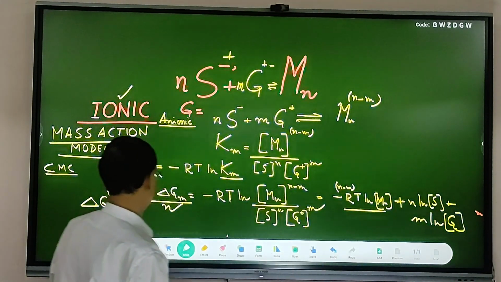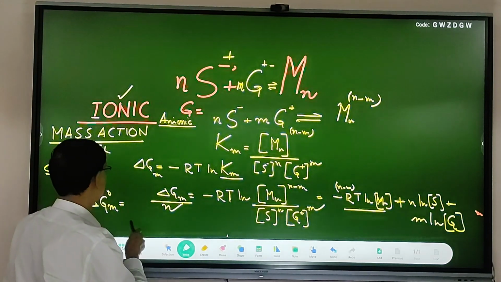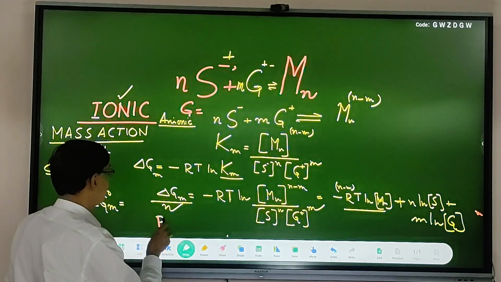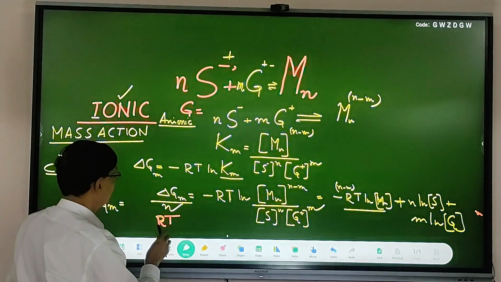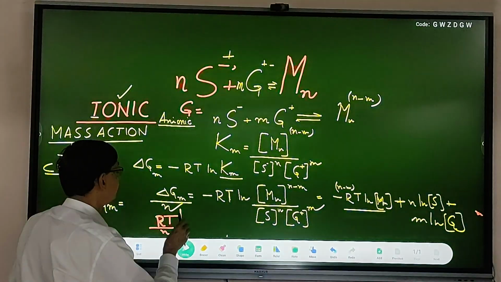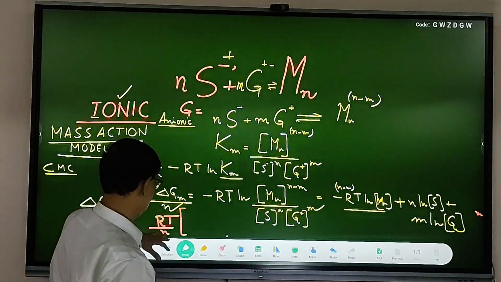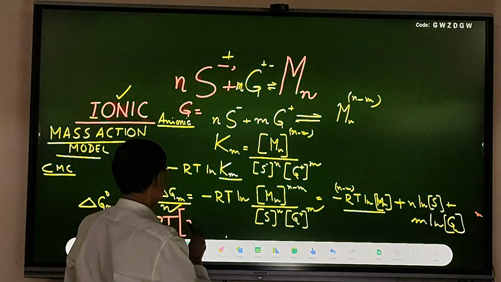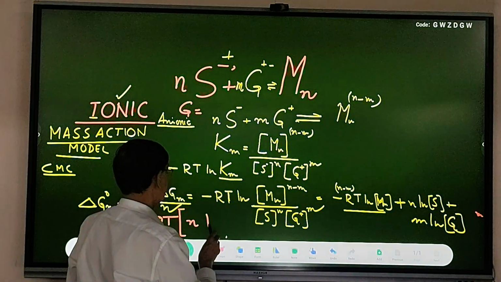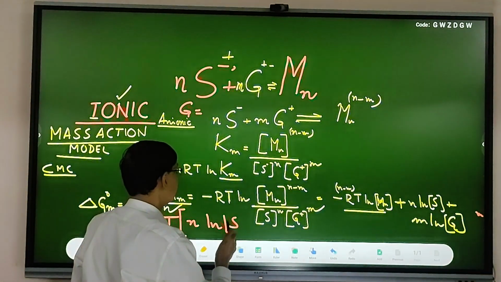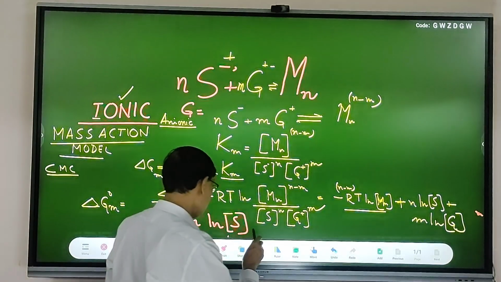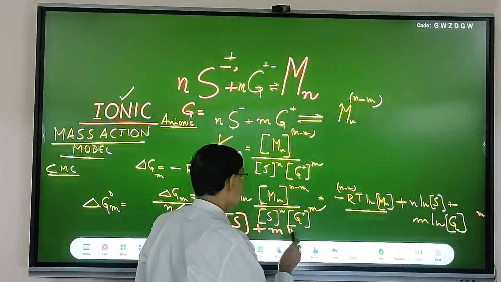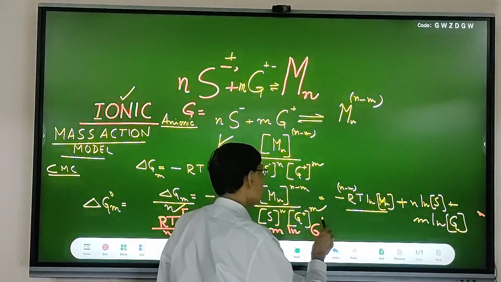Or what I do, I can take common. What is common? I can write in the red color, RT by N is common, because delta G by N. So I first write N natural log of S plus M natural log of G. You can write plus also.